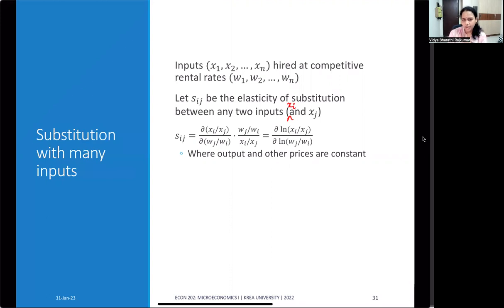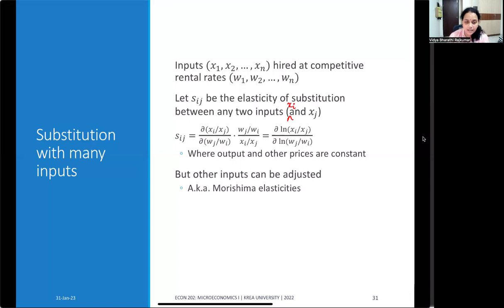So that was a problematic assumption when we learned about this elasticity formula in the previous chapter. But now, once you start looking at it in this current version, as you're seeing on the slides right now, where you're looking at a change in the ratio of inputs to the change in the ratio of their prices, we have the flexibility to adjust the other inputs also.